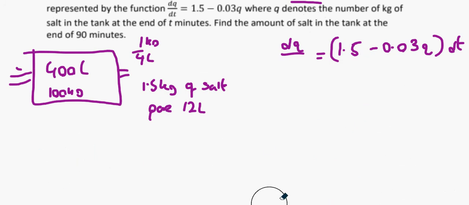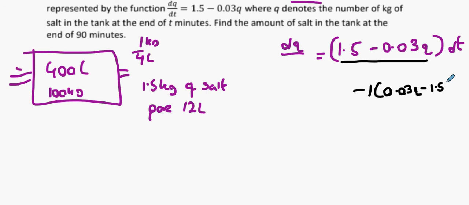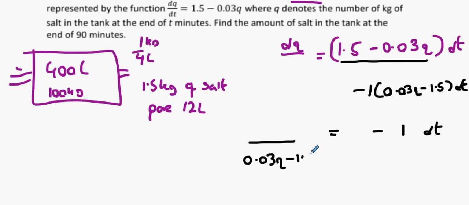And when you go back to the very beginning, and this is all done in the process, you're looking at that and you're going, okay, if I take out minus 1 and then I leave myself with 0.03q take away 1.5 to t, and then I do exactly the same trick I did earlier, which is I leave the minus 1 where it is, so that's minus 1 to t, and then underneath here I have 0.03q minus 1.5 all over 1 to q.